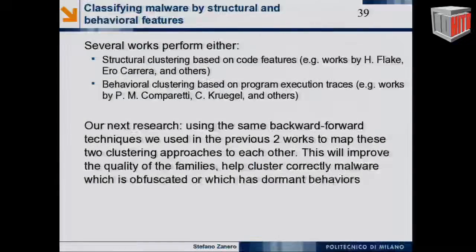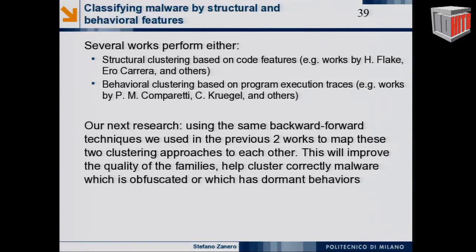So there are several works in this area. Many of them work structurally, so they work based on static analysis of code features. Halvar Flake and Eero Carrera come to mind. Others work on the behavior, on the dynamics, and works by Paolo Milani Comparetti and Christopher Kruegel come to mind.